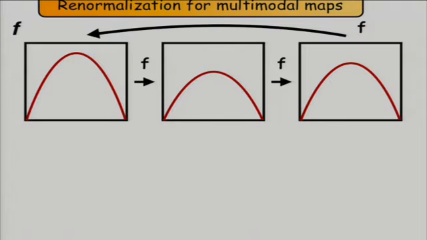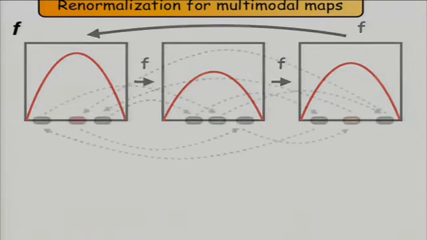So my maps are going to be this. They are defined on a certain number of disjoint intervals, F permutes these intervals, and the map on each one of these intervals is a unimodal map.